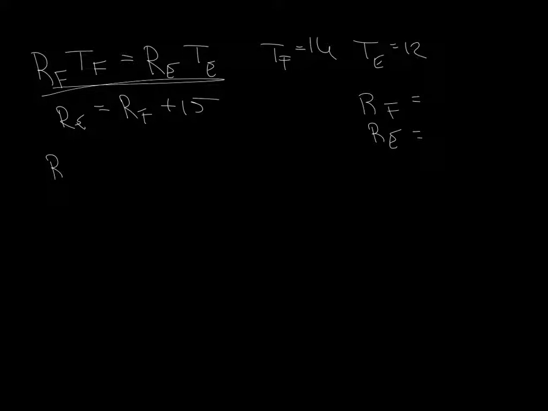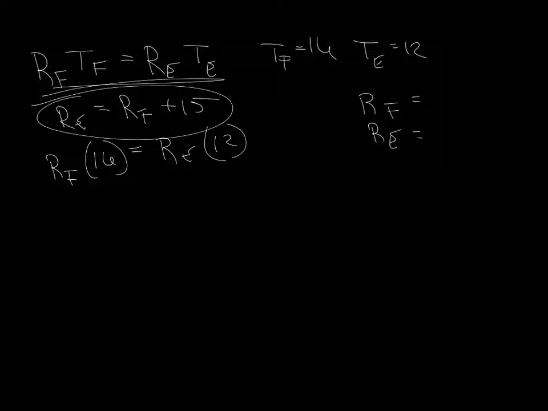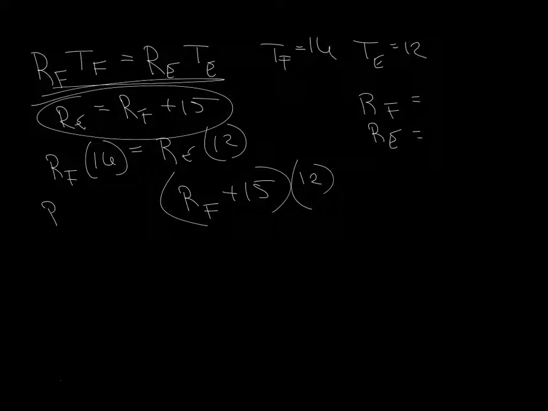So RF, we know TF is 16, and that equals RE, which we don't know, but we know TE is 12. And when we look at this, we see that RE is RF plus 15 times 12, and then we've got an RF here. And again, by substituting there, we have the same variables, which means we can solve it.